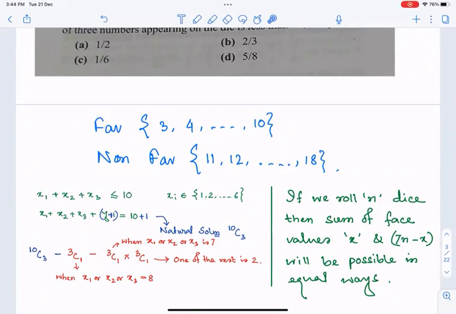But whatever you try to calculate, that is going to be a bit time consuming. Whereas if you simply identify that favorable sum values and non-favorable sum values have an equal number of possibilities, and there is a one-to-one correspondence for every sum from one part to a sum of the other part, it is obvious to be probability half. So the answer is going to be option A.